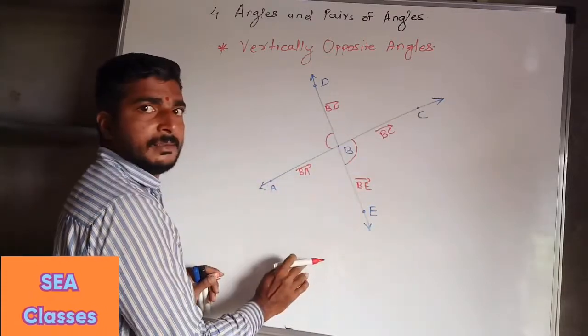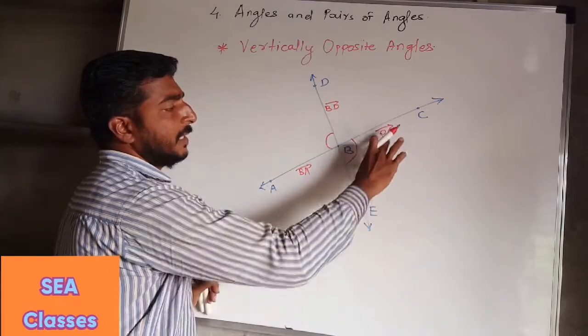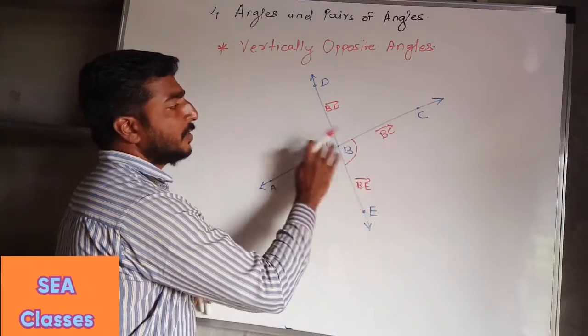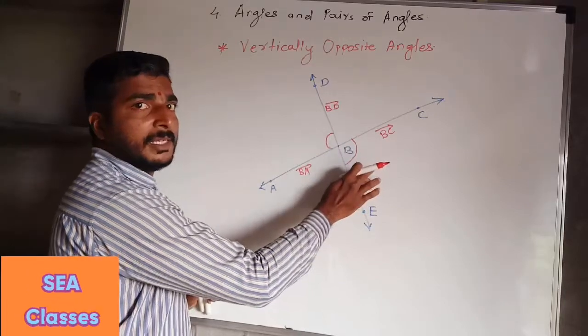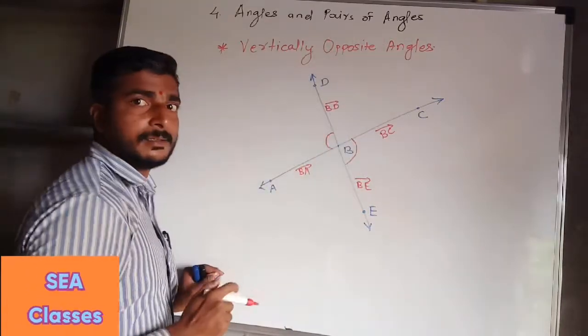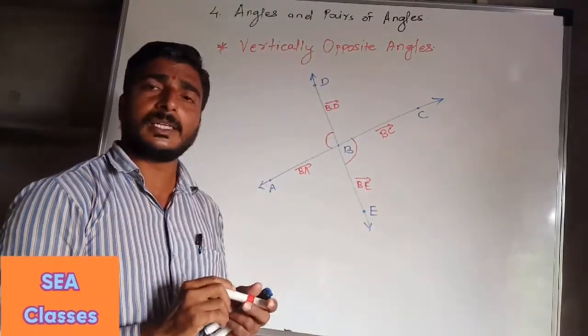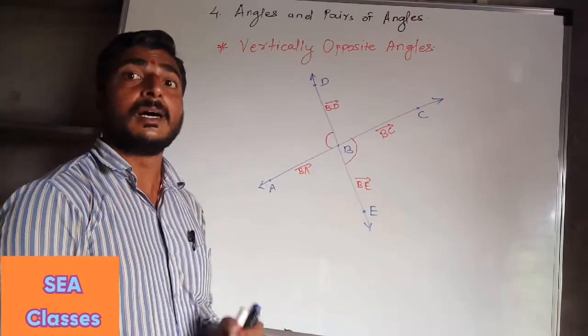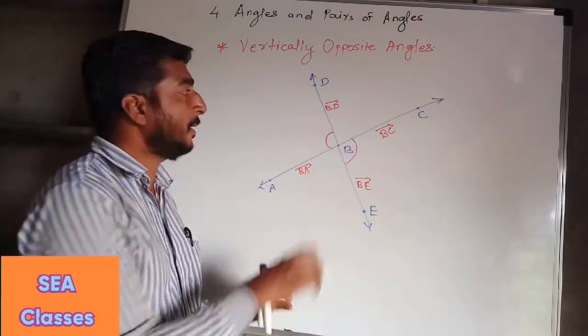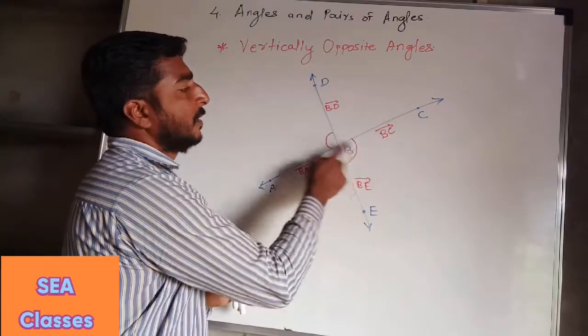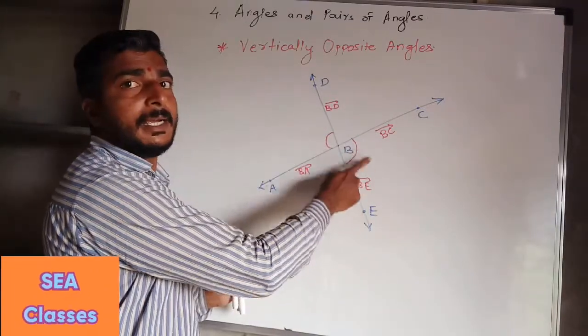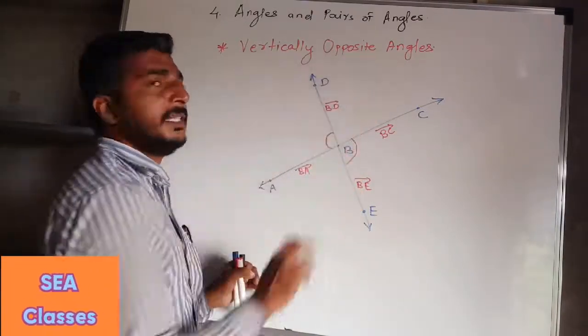This angle is formed by the rays BC and BE. So these two angles are called vertically opposite angles. So vertically opposite angles, we can say that the angles formed by the opposite rays of the arms of an angle are called opposite angles, or vertically opposite angles.